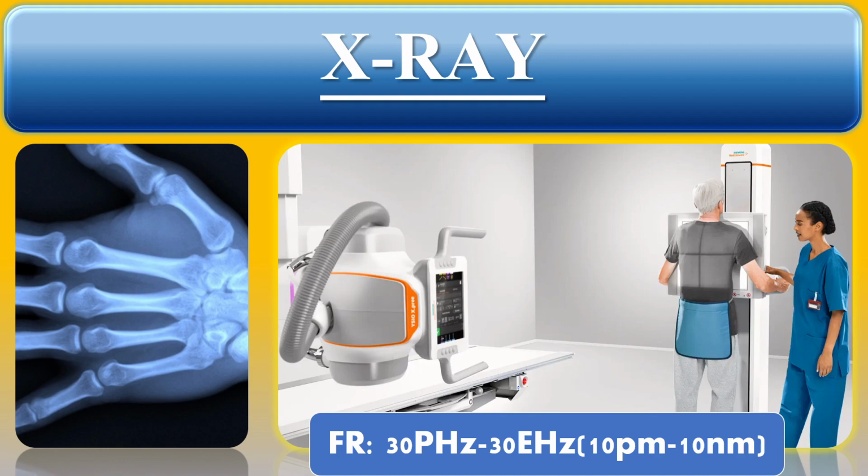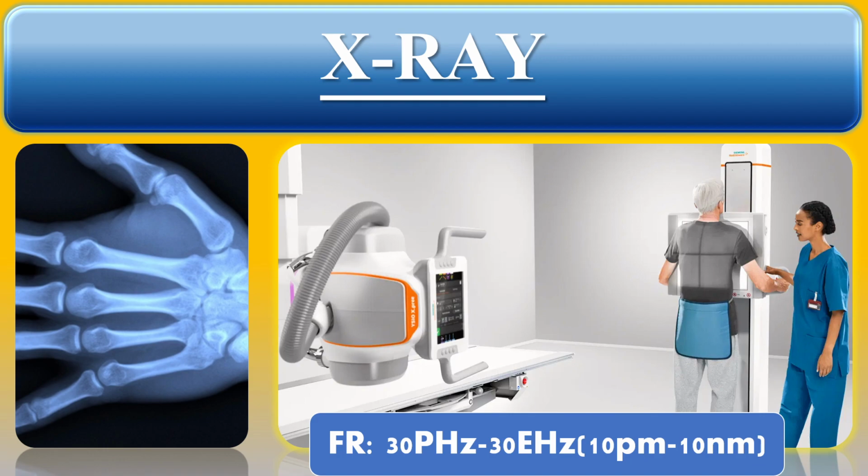Now what happens when the X-rays are exposed on our body parts? The X-rays have penetration power, but it is not so much that they can penetrate into bones. So the rays which fall on the bones are reflected back, and the other rays which don't fall on the bone penetrate into the muscles.